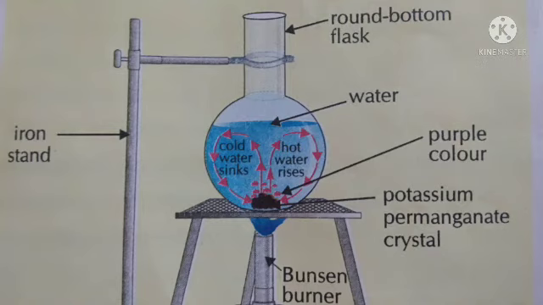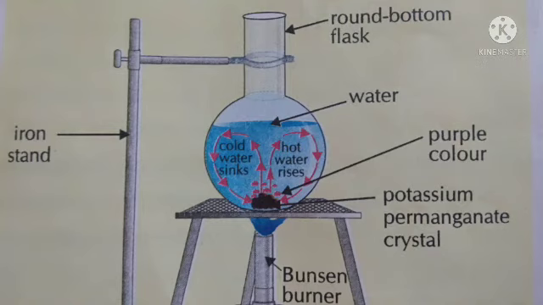When we are heating, we can observe that a purple colored solution rises from the bottom of the flask up to the surface of the water. Then it moves towards the walls of the flask.